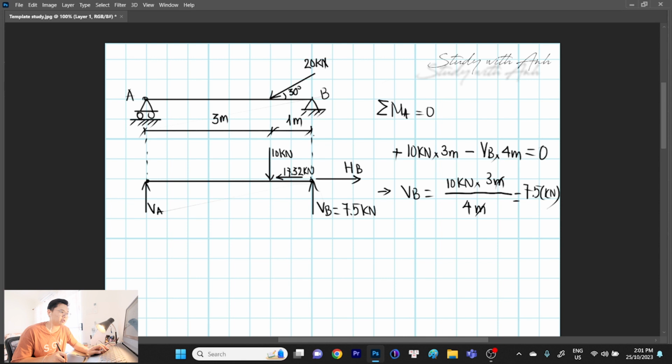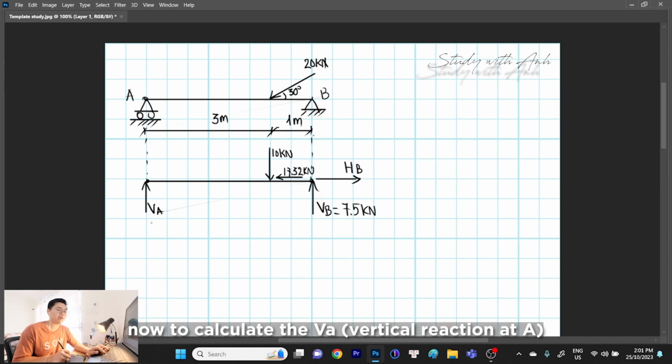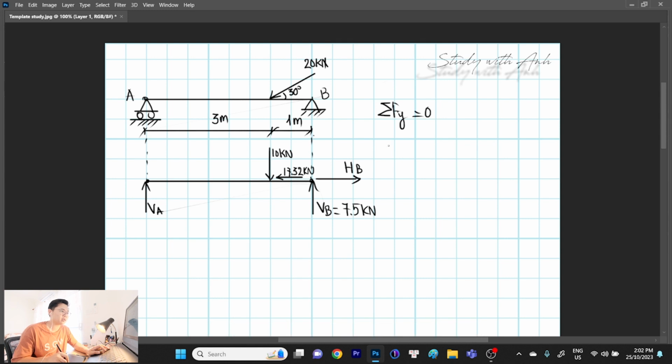7.5 kilonewton here. Right. Now to calculate the VA, vertical reaction at A, you can either take the moment at B, or you can take the sigma Fy equals 0. So it can be written like this: VA plus VB minus P equals 0.